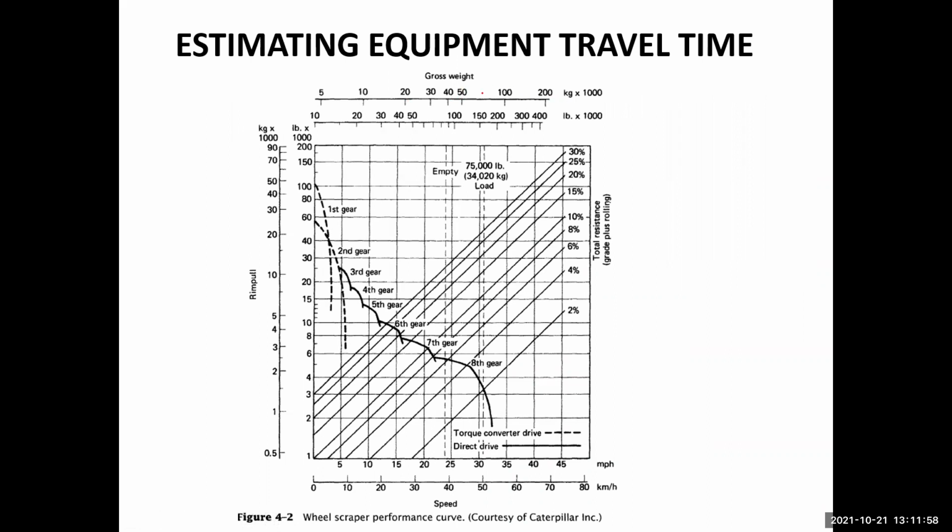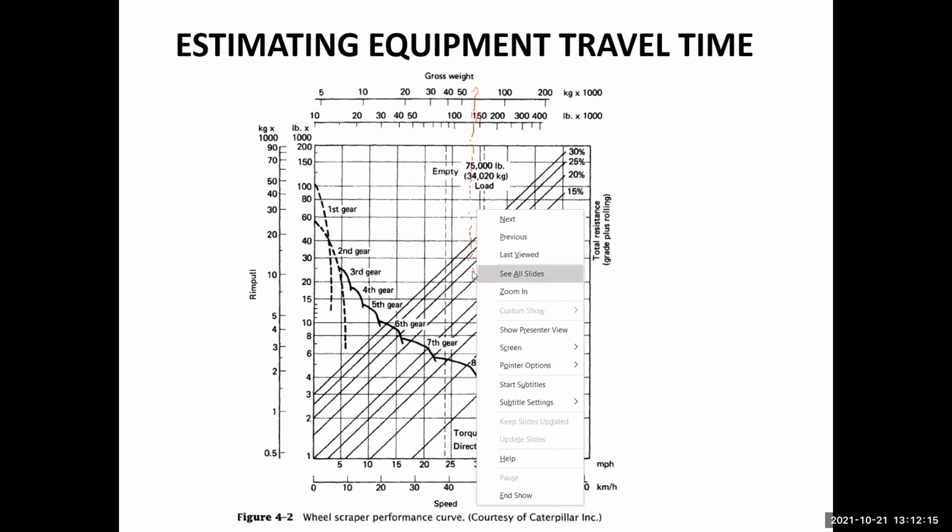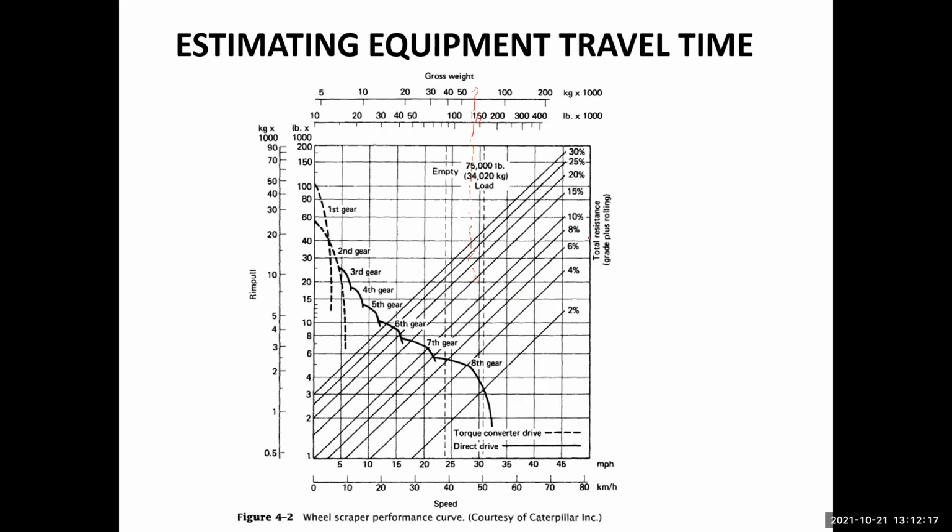So 68,000 will be here. Then we have to move vertically downward to hit the line for 10%. So this is the 10% line here.